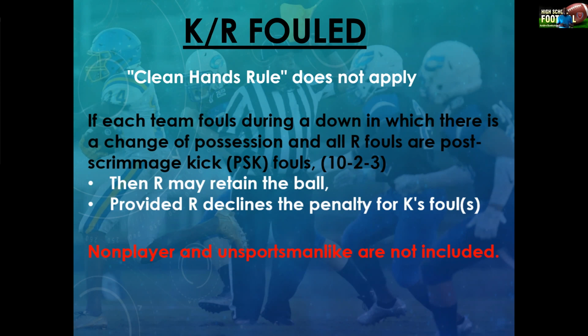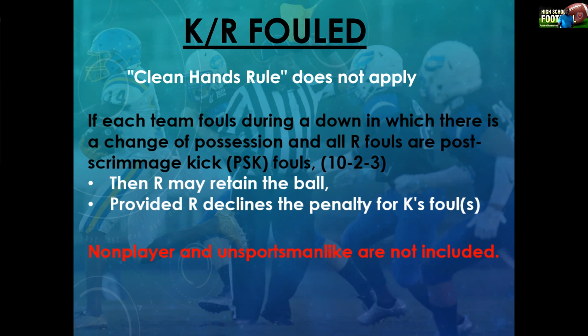So we're talking about a double foul. In other words, again, K illegal formation, illegal participation, holding, whatever K did. They kicked the ball. R committed a foul too, blow the whistle, but it happened. All the ingredients were there. The ball crossed. The foul was on the other side.